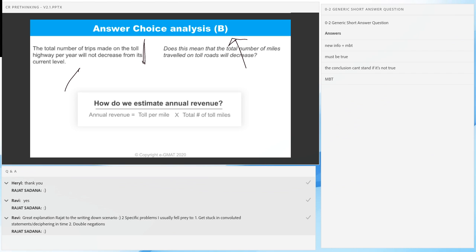Now, if the number of trips decreases, let's say last year we had 1,000 trips. Now, this year, because of the increased toll, we have 900 trips. Does it necessarily mean that the total distance traveled will go down? No. What could compensate for it?